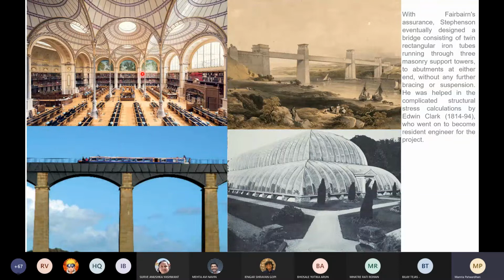Now, this is an aqueduct. I really don't know how to pronounce this, so I'll give you the spelling. It's Ponty. I'll just write it on the chat. Okay, this is an aqueduct.